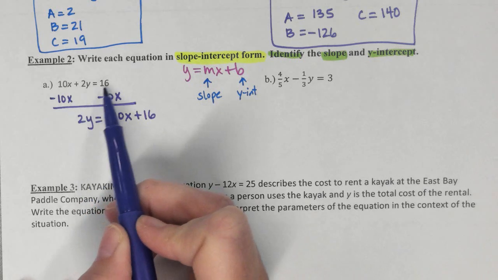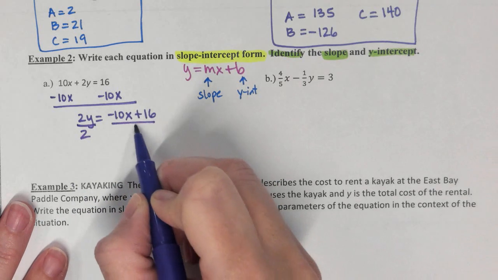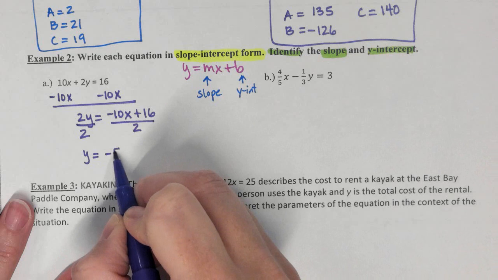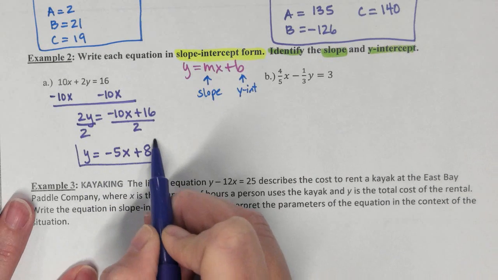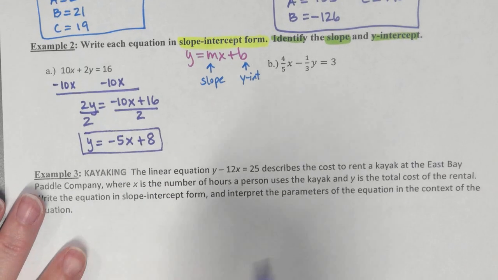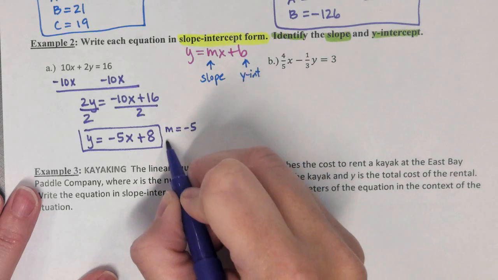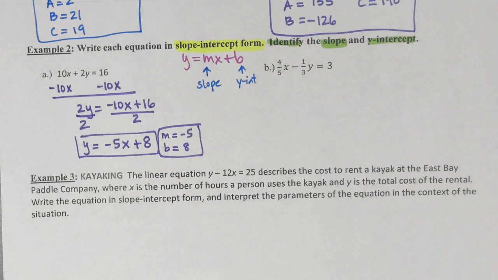Just make sure you divide everything by 2. So when you divide by 2, you have to divide the negative 10 by 2, the 16 by 2. Okay, so y equals negative 5x plus 8, and then you just have to identify your slope, and you can use m and b for that, okay? That's it.